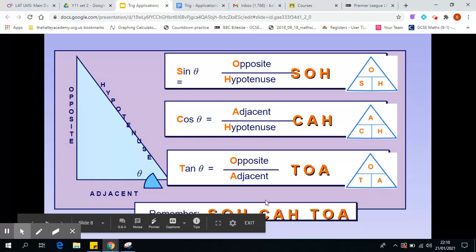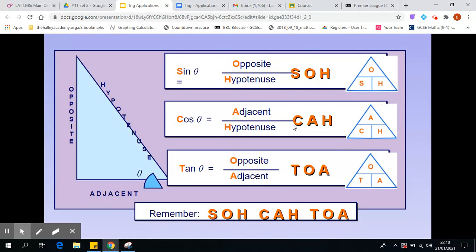Remember SOH CAH TOA, the phrase that helps us to identify the formulas of the 3 trigonometric ratios. And this triangle is absolutely crucial in calculating the missing side or the missing angle.